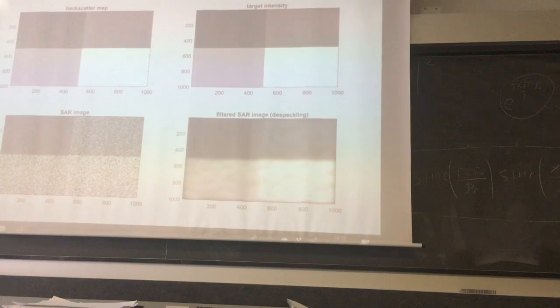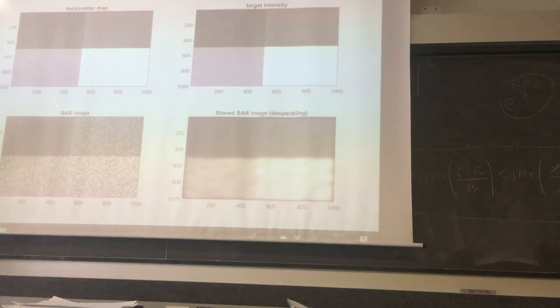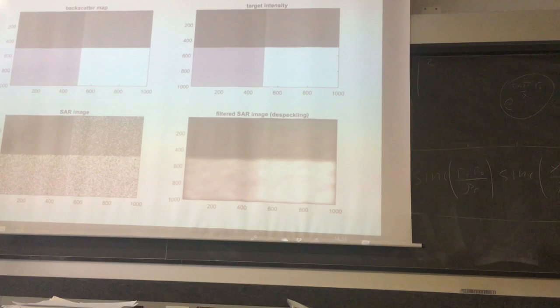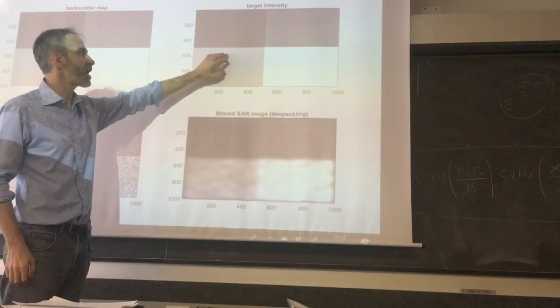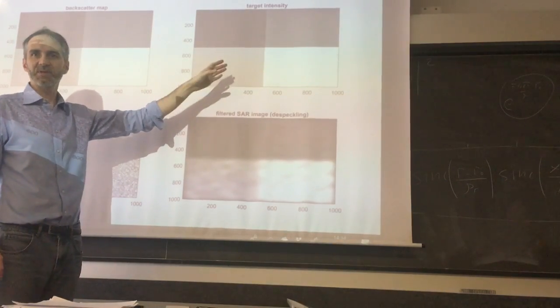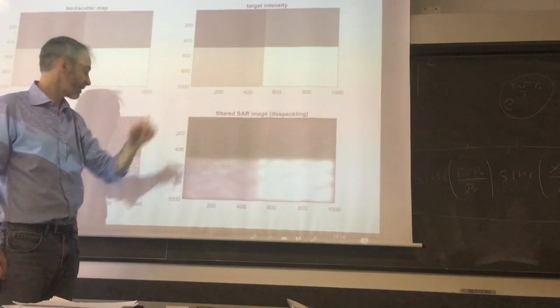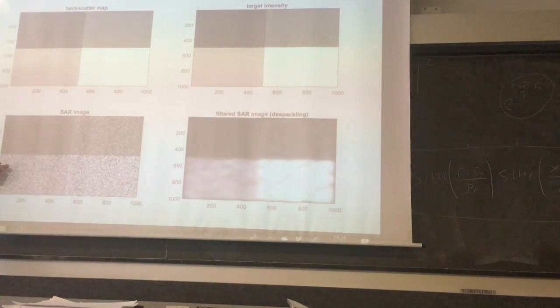And in this case, I am requiring that only the phase of A is random, whereas its amplitude is deterministic, and so since this is just the amplitude, there is no difference at all here. This is your SAR image.